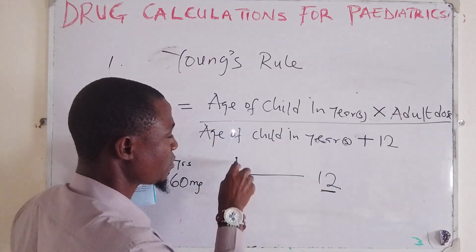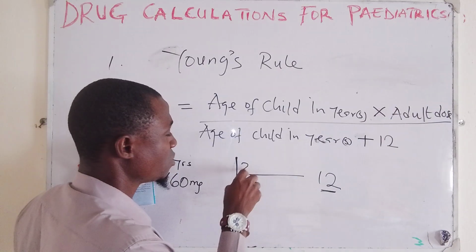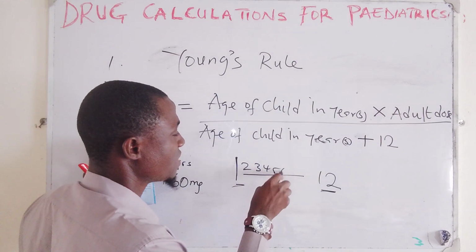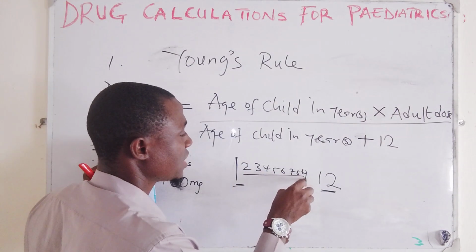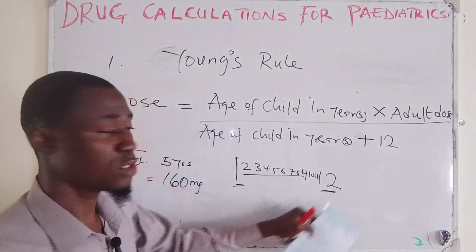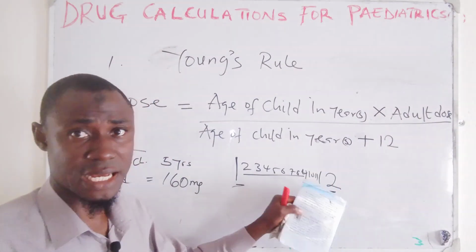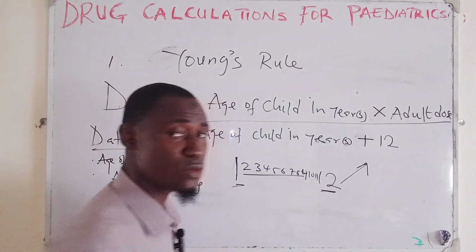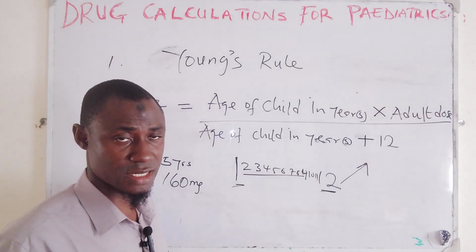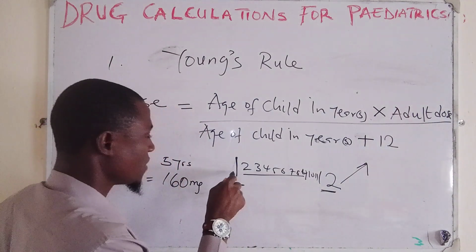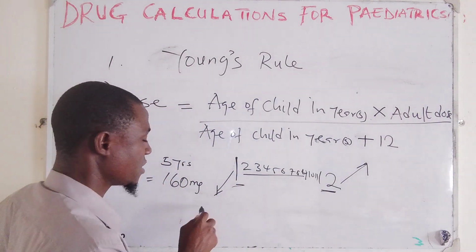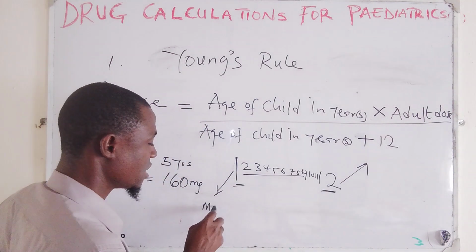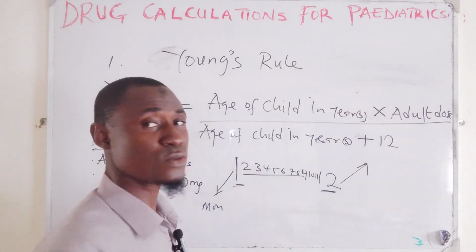So from 1 year, the child can be 1 year, 2, 3, 4, 5, 6, 7, 8, 9, 10, 11, up to what? 12 years. So that is when you can apply this rule. If a child is more than 12 years, then this rule is not applicable. Likewise, if the child is less than 1 year, that is to say the age of the child is in months, this rule cannot be applied.